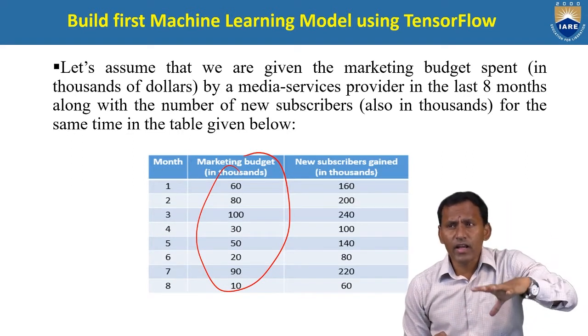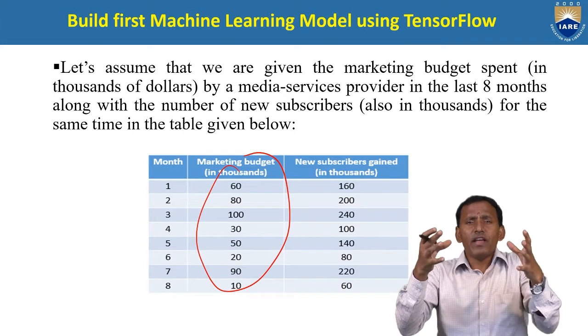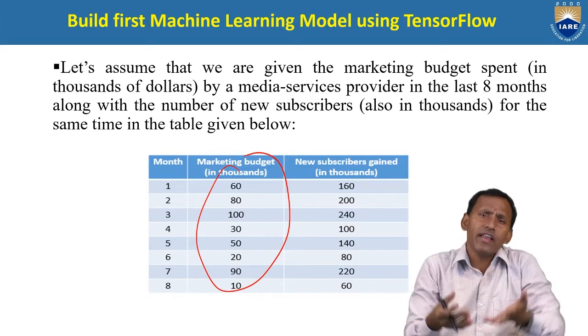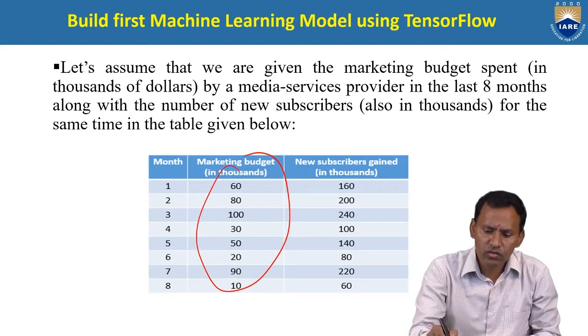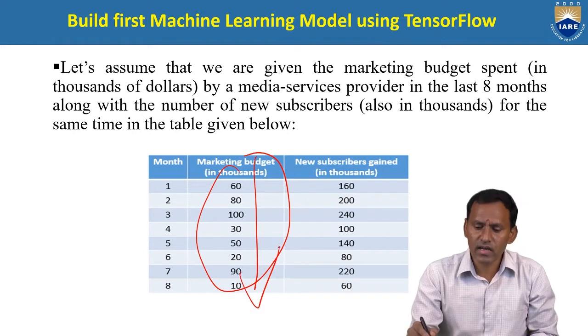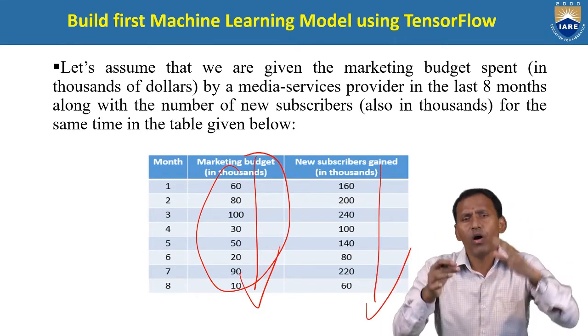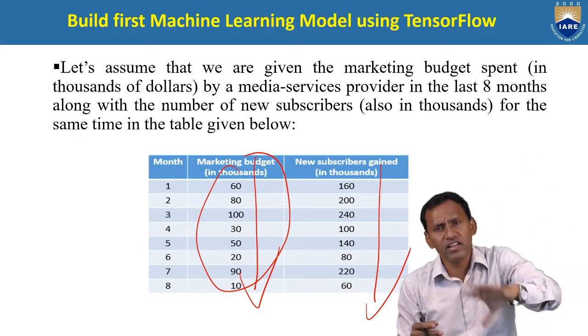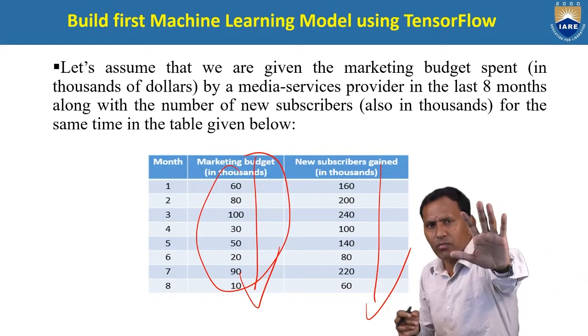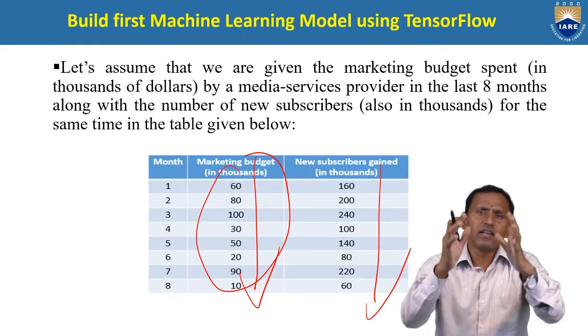While spending, how many subscribers are we gaining? This line indicates the budget, and this indicates how many subscribers we gained over the last 8 months. Based on this data, I'm going to explain how to build a model.